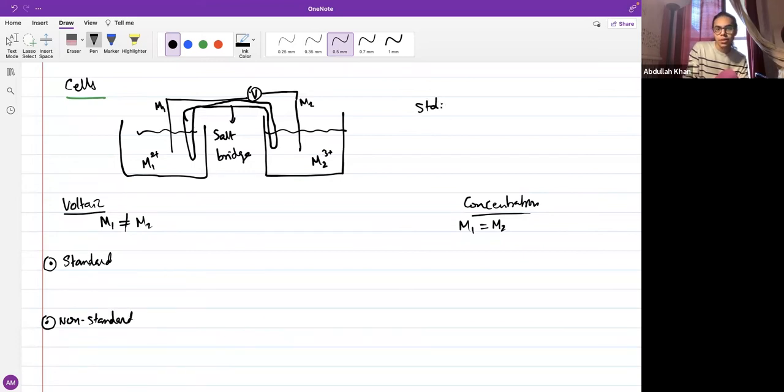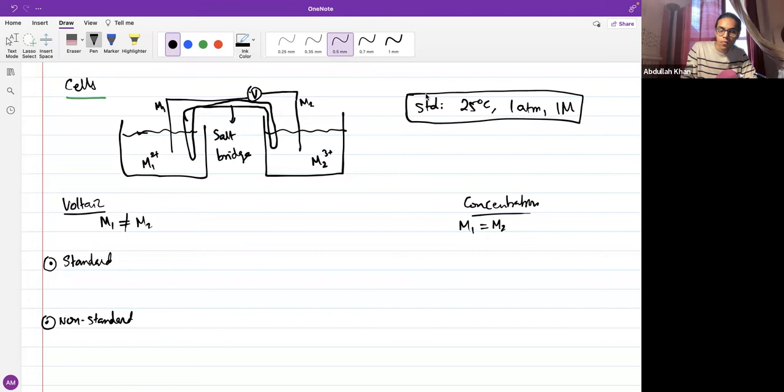Standard conditions are as follows: 25 degrees Celsius, 1 atmosphere pressure, and the solutions here have 1 molarity of concentration. In that case, the voltage of the cell is given by this equation.